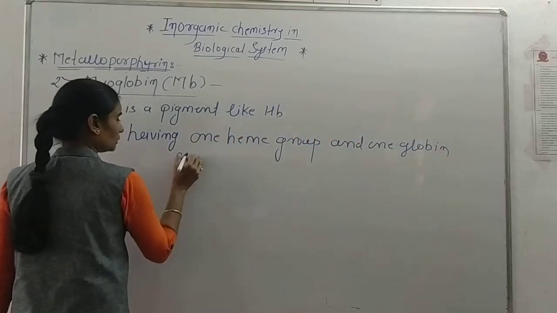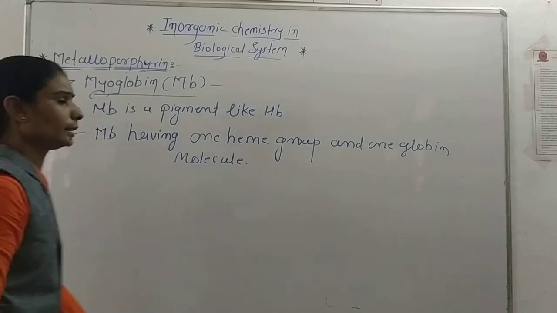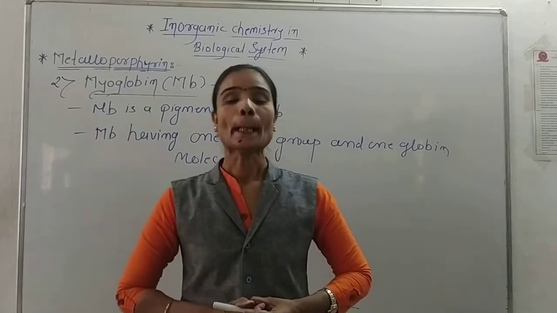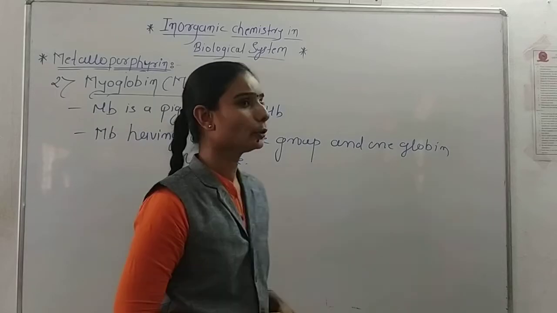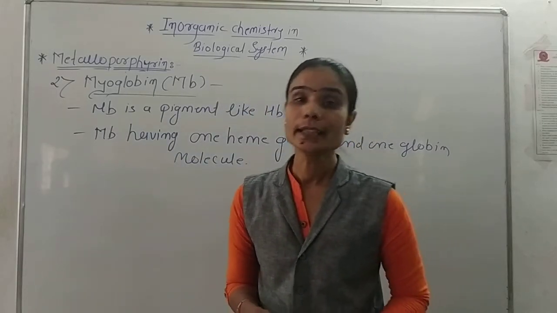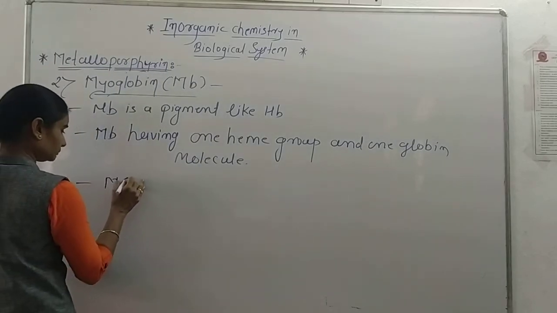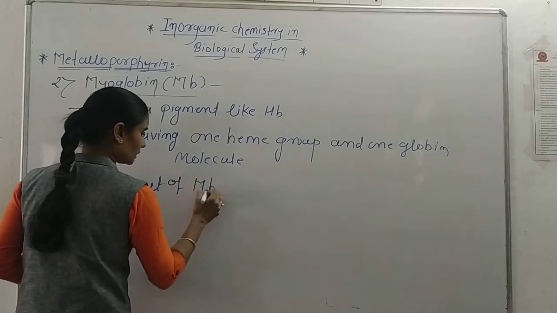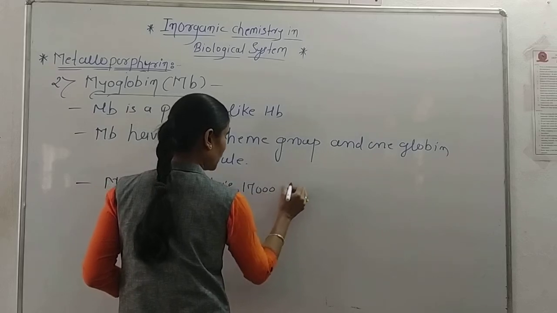There are 4 heme groups present in hemoglobin, but only one heme group present in myoglobin, and the molecular weight of myoglobin is 17,000 Dalton.